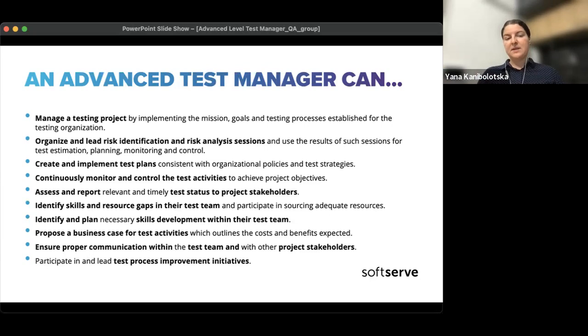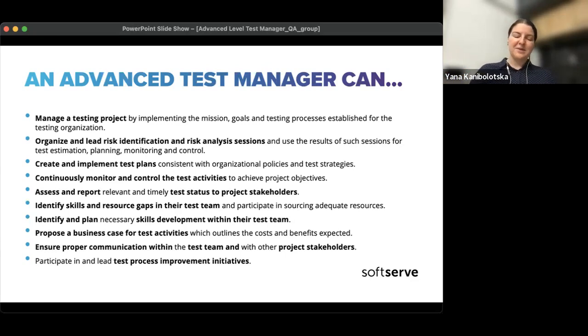The next one is propose a business case for test activities. It sounds more complicated than it is, because it's simply about selling testing. They pay some attention to cost of quality, for example. You should be able to calculate the cost of quality and come to your client and say, hey, you see how profitable it is for you to have a testing team, and we should have a testing team of this size in order to be the most successful, and it will bring this amount of money to you.